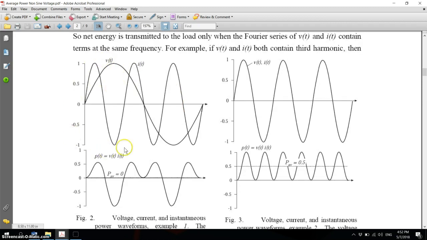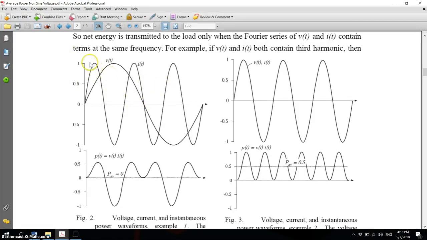This is the case if we have the voltage, let's say a 50 Hertz voltage, and the current with 150 Hertz frequency. Look at that, there are 3 cycles of current in one voltage cycle.